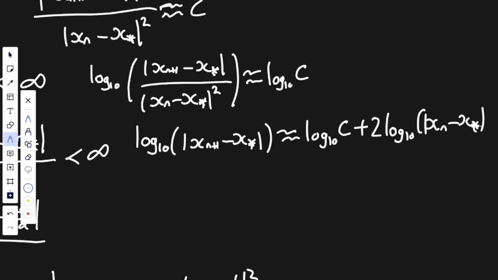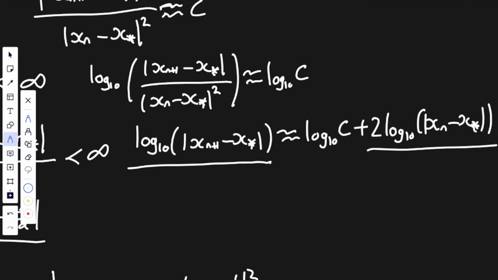Now what does this mean? Why is this so powerful? Well, log 10 roughly says the magnitude in base 10. So how many decimal places are zeros? That's what log 10 tells us. Now this is the difference between what we have and our answer. And what we're saying is that the n plus 1th term is roughly double as accurate as the nth term.